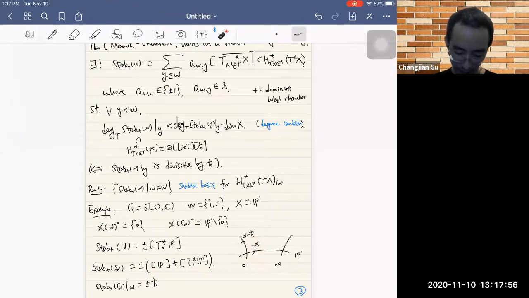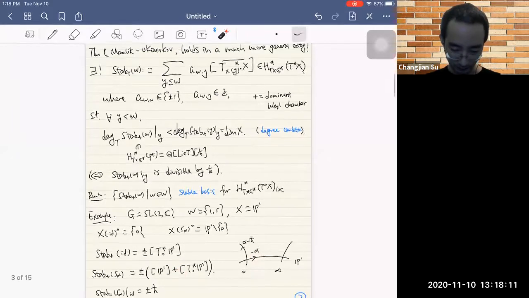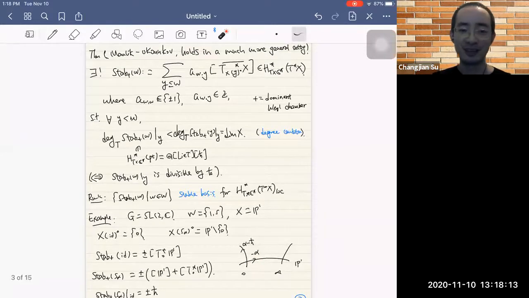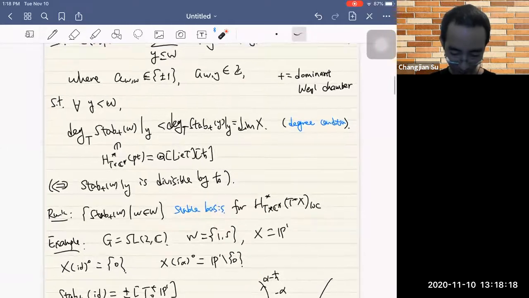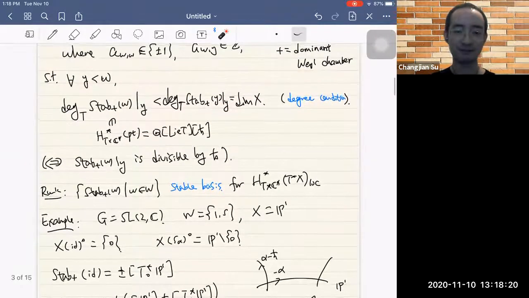So you will get a minus h bar, which is divisible by h bar. And you can see this coefficient can only be 1. It cannot be arbitrary coefficients. Anyway, so this is the definition. I think this should be okay. Okay, any questions?